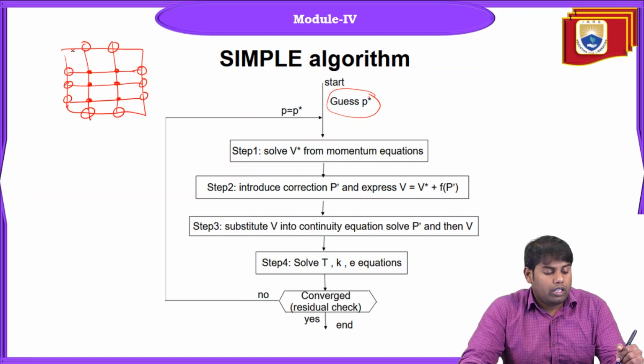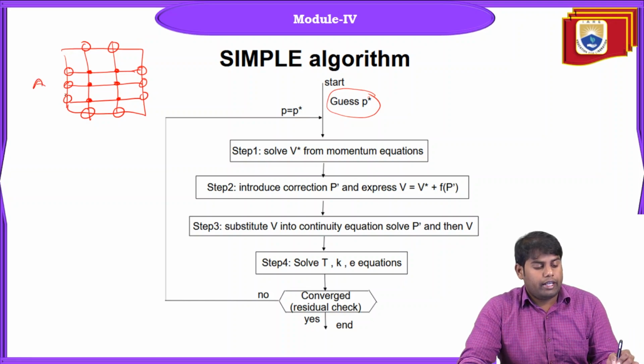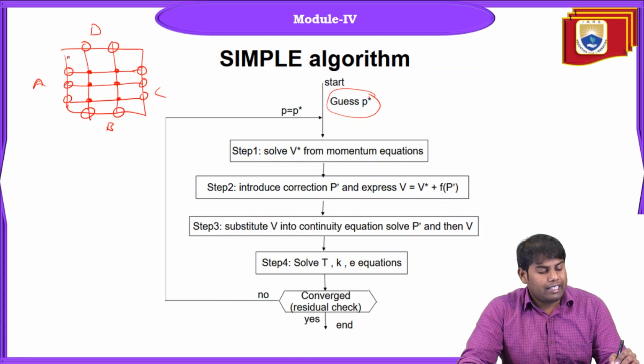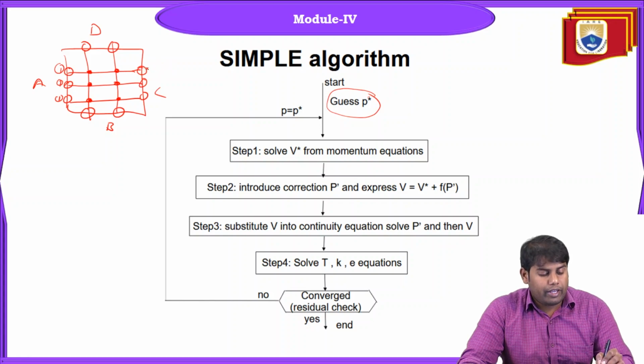Let us take the boundaries A, B, C, D. For boundary A, the inlet, you apply, let's say, a velocity of 1 meter per second, so every point will have 1 meter per second. At the outlet, you apply a pressure of P equal to 0.